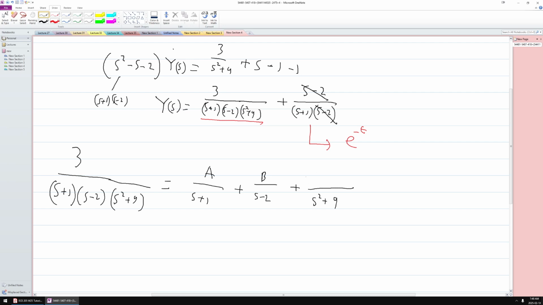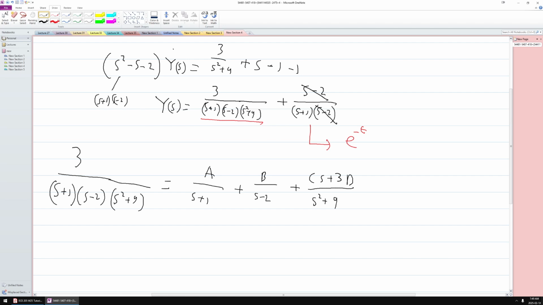Generally, cs plus d would be the normal go-to guess. But here, since this is a 9, in my Laplace table, I need a 3 up above, so I'm going to call this 3d, so that the last term will be c times cosine of 3t plus d times sine of 3t. All right? That's just to make things a bit cleaner there.